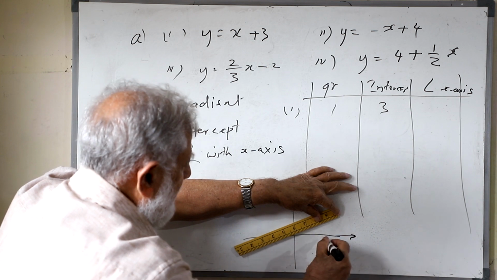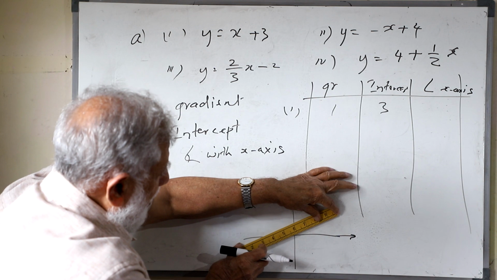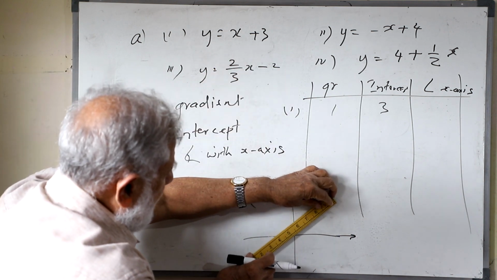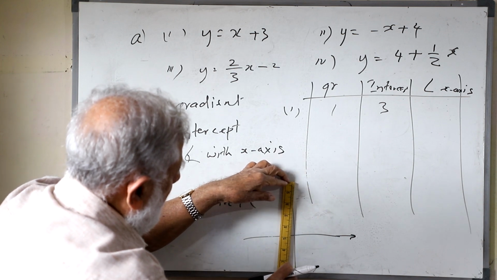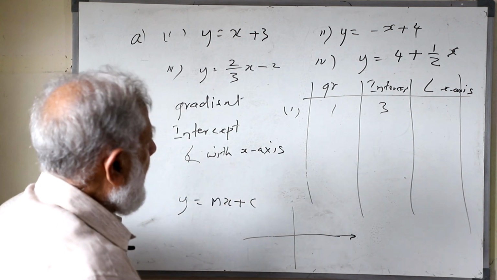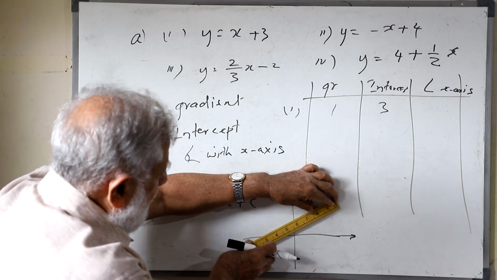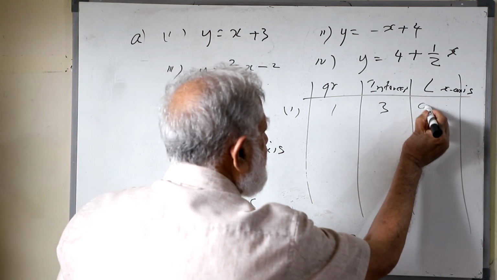Positive direction means plus 1, plus 2, plus 3. So when the gradient is positive, it makes an acute angle. It can be any angle like this, up to this. All these angles will be acute angles.